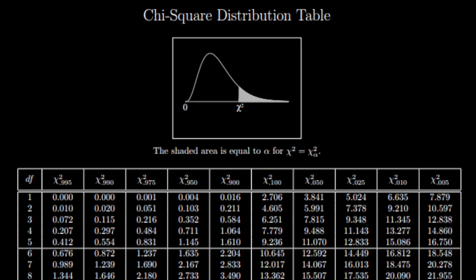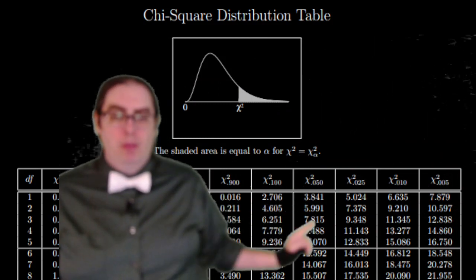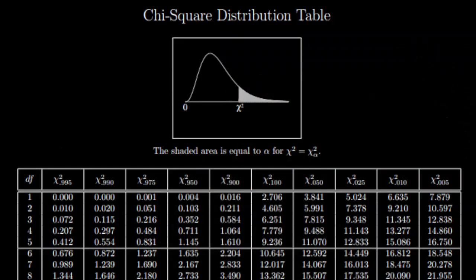Because if we are looking at the high end or at the low end, things are going to be different. For our purposes, we're just going to be looking at the things going on at the high tail. So values like the 0.05 column right here are the ones that are going to be a little bit more useful to us in this lesson, but other applications of the chi-square distribution are going to deal with things a little bit differently.